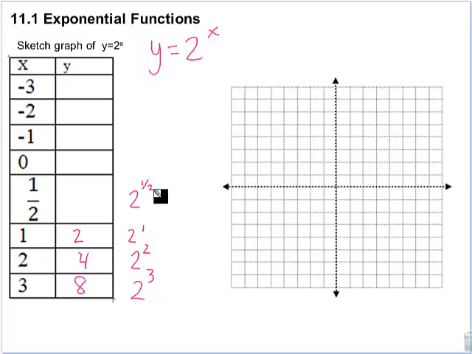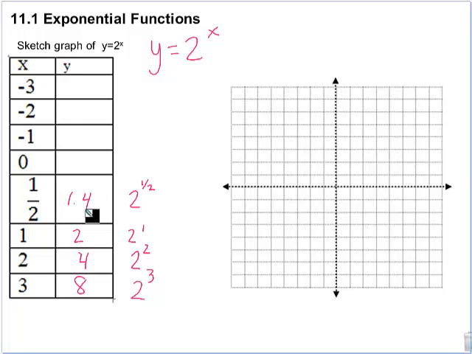What would 2 to the 1/2 be? So 2 to the 1/2 is about, what did you say, 1 point? What did you get? I just didn't hear you. 1.4 about? Okay, or the square root of 2.